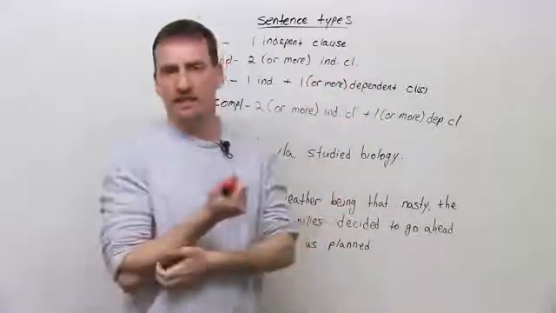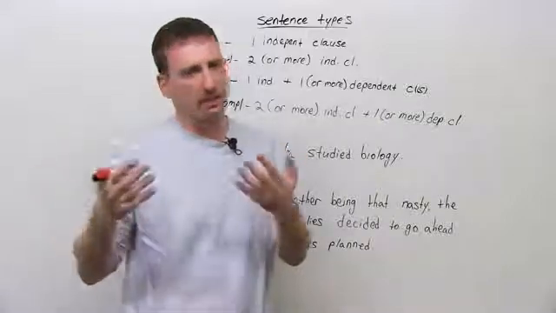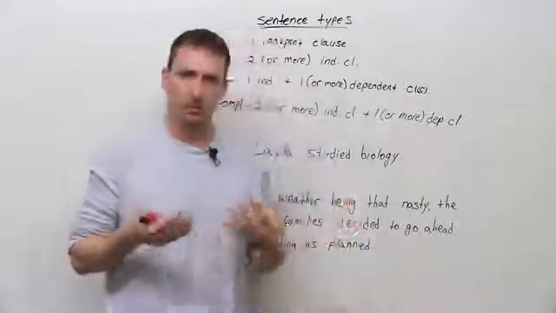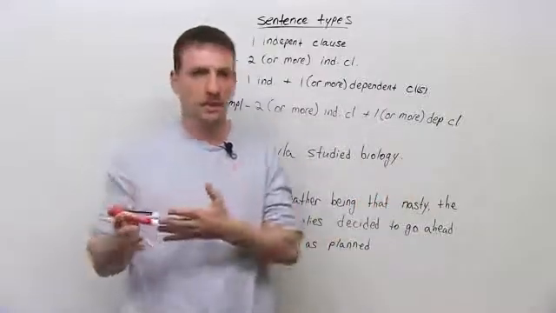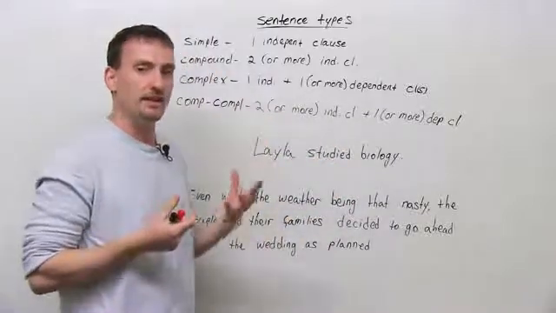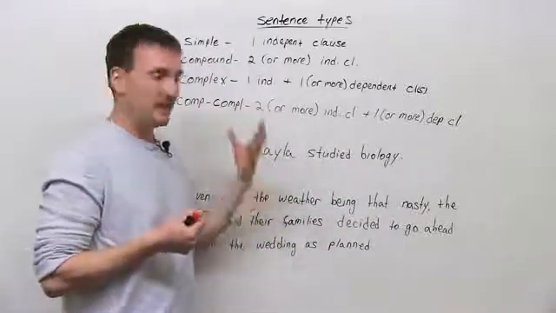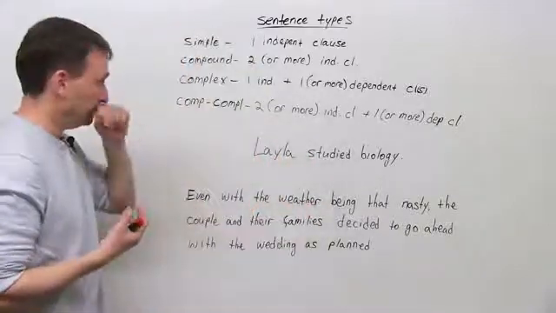And even if you're not writing tests, anything you write, if you're using only one type of sentence, your writing becomes very bland, very boring, very hard to follow because it's a little bit monotone. So what you need is a variety of sentence structures in your writing to give it a little bit more life, okay?